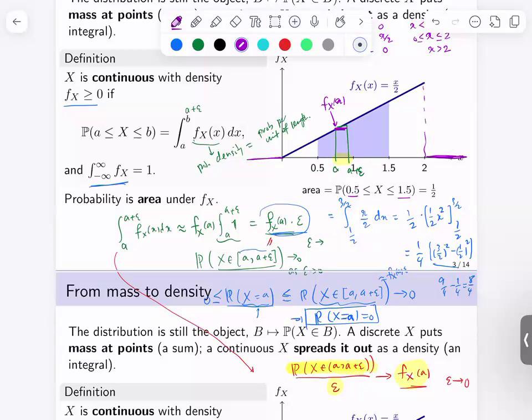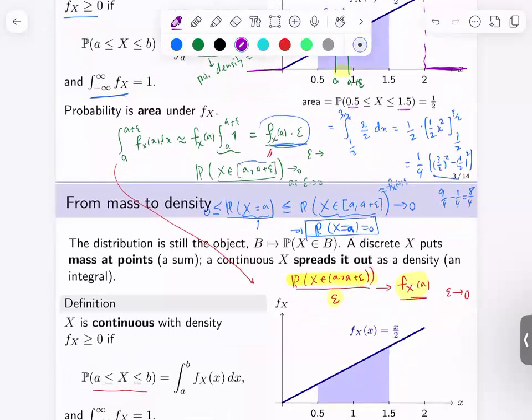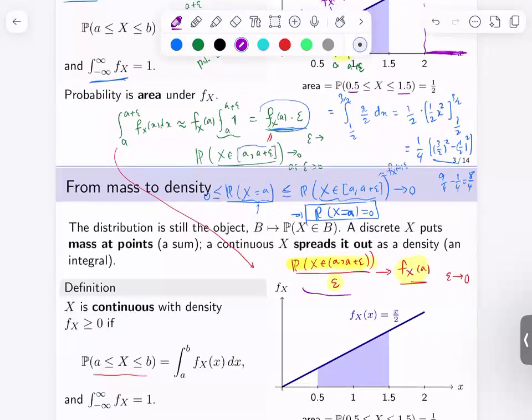That tells you that if you divide by this epsilon, the limit would be f of x at a. So it's really a density: the probability divided by unit length.